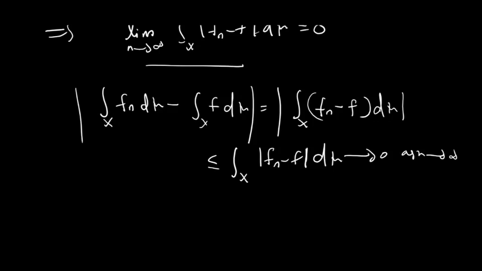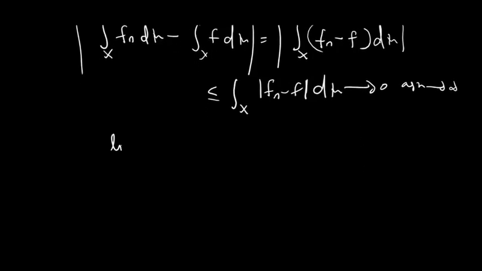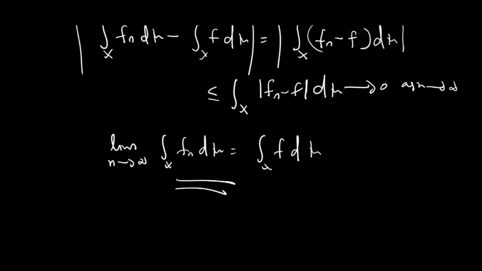So the LHS converges to 0 as n tends to infinity. That means the limit as n tends to infinity of the integral over X of f_n dμ equals the integral over X of f dμ. So this completes the proof.